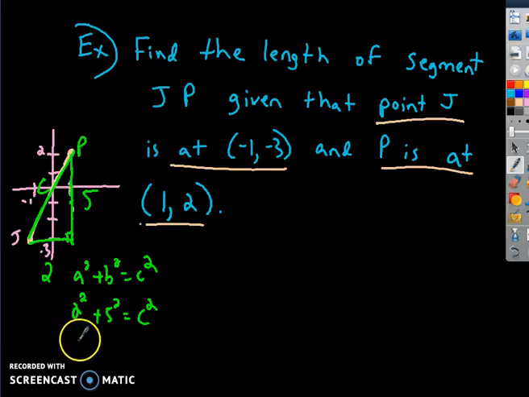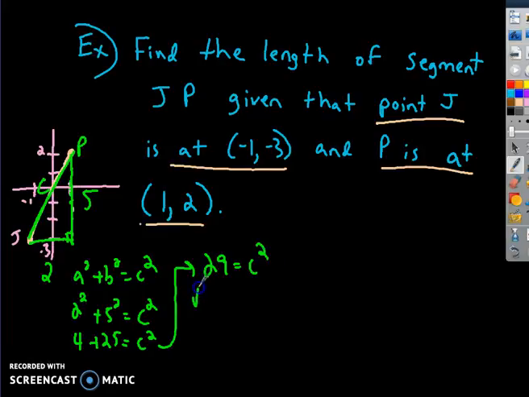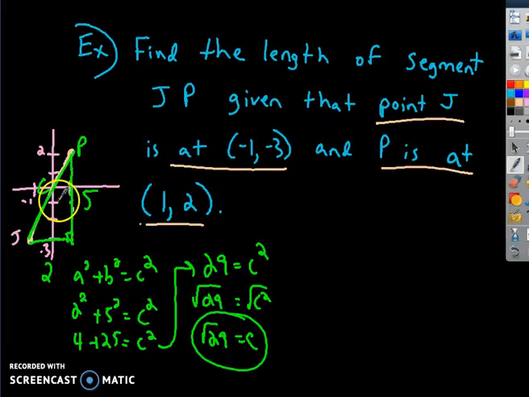So this is 4 plus 25 equals c squared. So 29 equals c squared, and taking the square root of both sides, the square root of 29 equals c. So I know this length has to be the square root of 29.